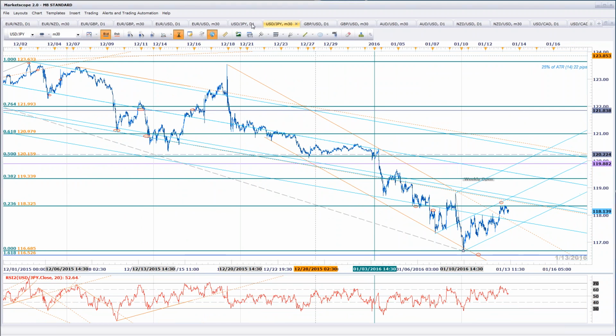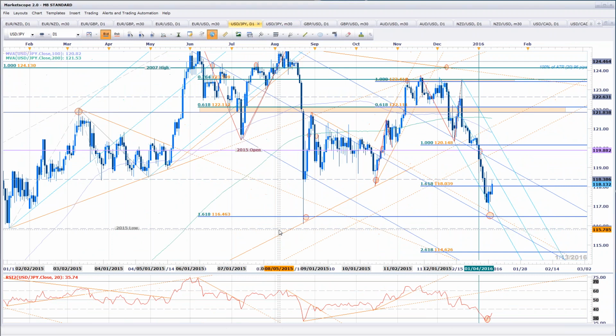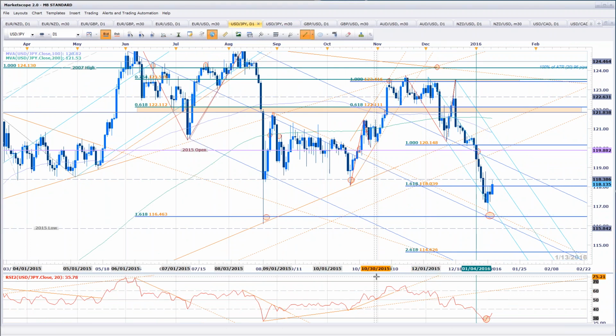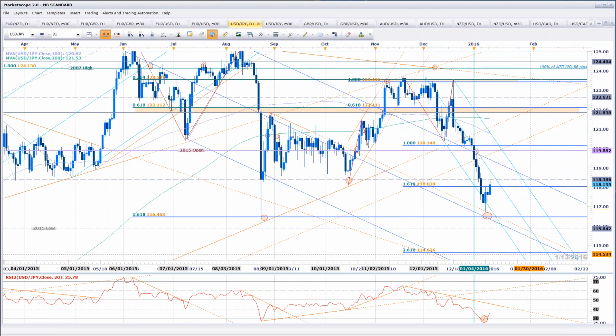I still look lower towards that 116.46 mark. In the meantime, I think you might get some recovery first. Let's see if there are any triggers here. Maybe back into the median line even.